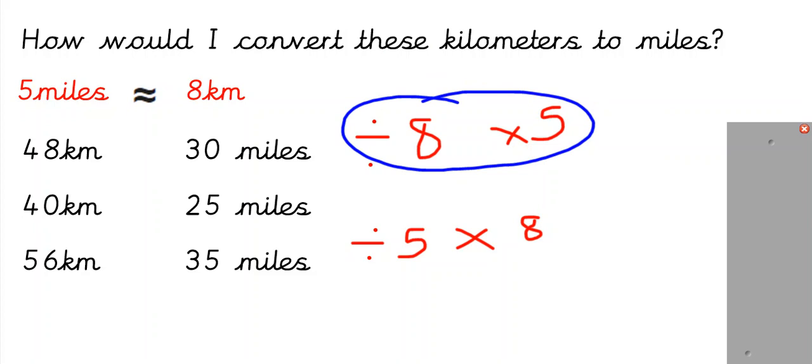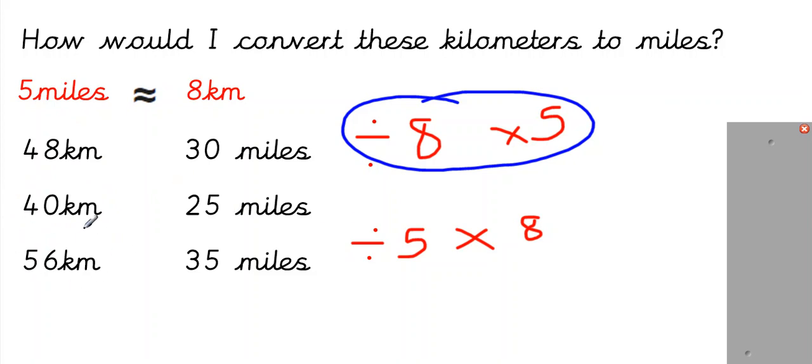So if I know my times tables, this one should be rather easy. So I can do 48 divided by 8, which would be 6. And then I would multiply my 6 by 5, which would be 30 miles. Let's have a look at 40 then. So you've got 40 divided by 8, which is 5. 5 multiplied by 5 is 25.